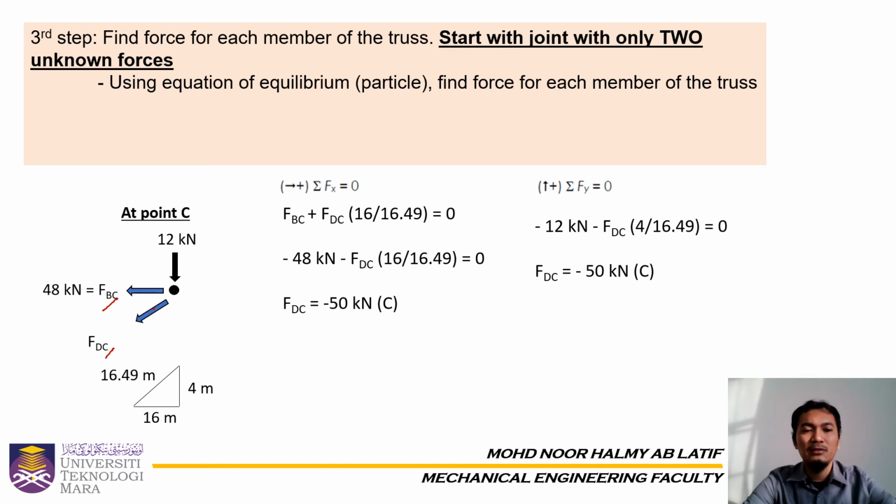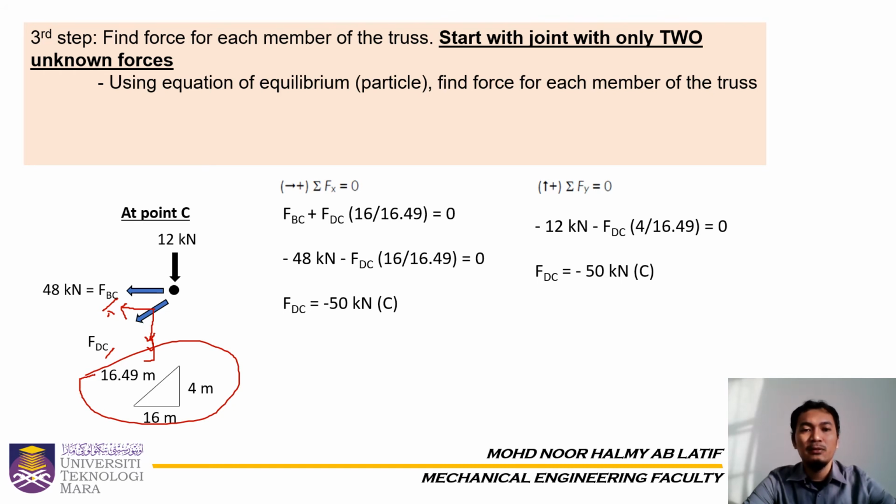FDC is pointing at an angle, so we need to resolve force FDC into x and y components. To find the angle, you can use trigonometry, which we have in the figures below.